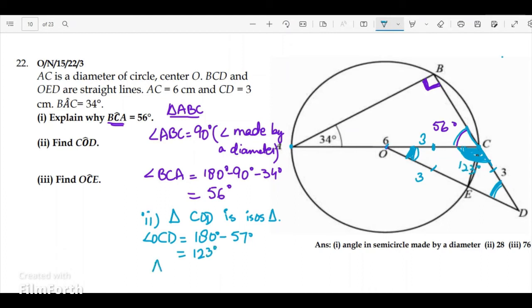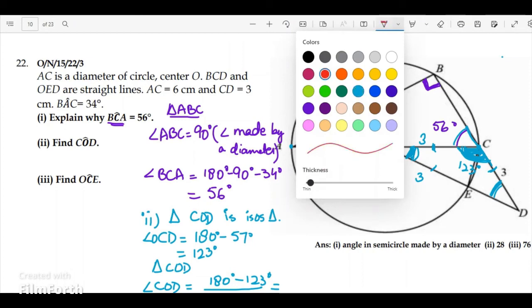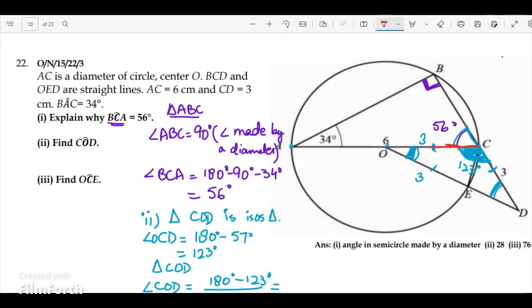Now I'm looking at triangle COD, and in this triangle COD, angle COD would be equals to 180 degrees minus 123 degrees divided by 2. Why divided by 2? Because this right here is isosceles triangle, and the base angles would be same. Let me just highlight this isosceles triangle with a different color so it makes things easier for you to look at, and more visible.